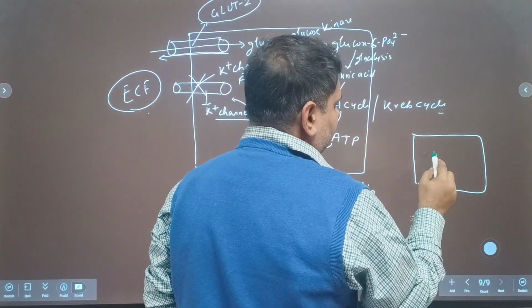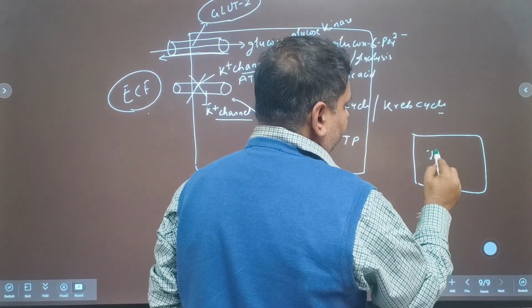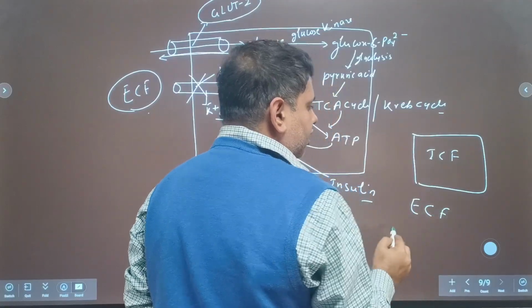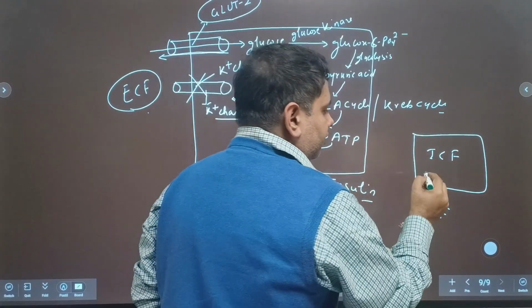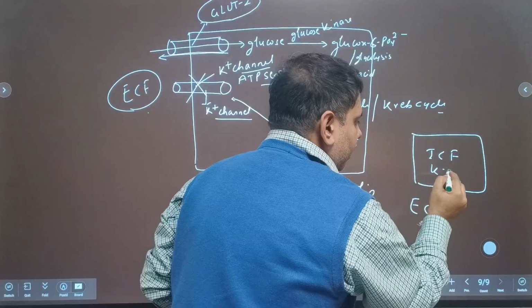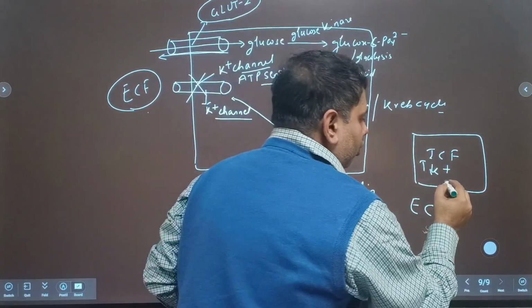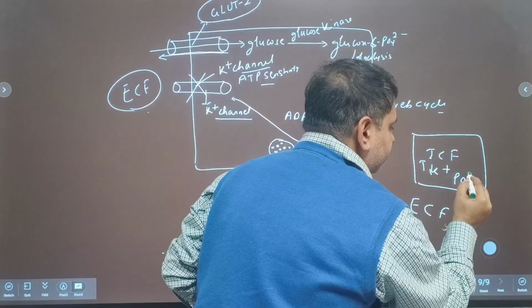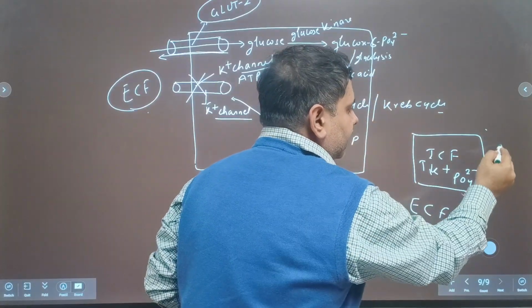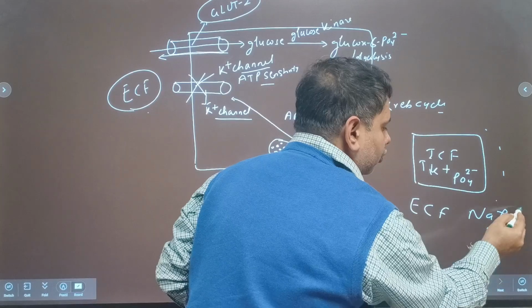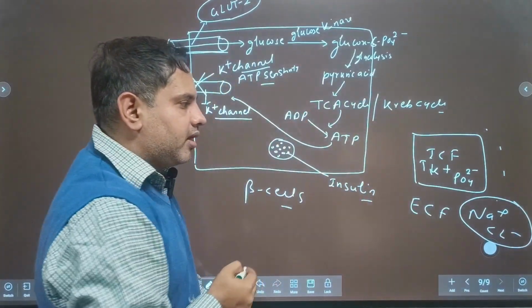For example, this is intracellular fluid inside the cells, this is your extracellular fluid. So, inside the cell which ions are more? Inside the cells your potassium is more, right. Your phosphate ions are more. Outside the cell in extracellular fluid, which ions are more? Sodium is more, chloride is more, right.